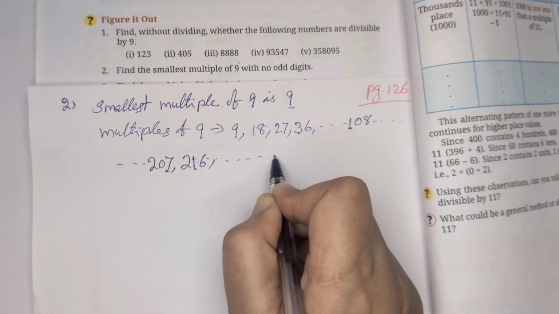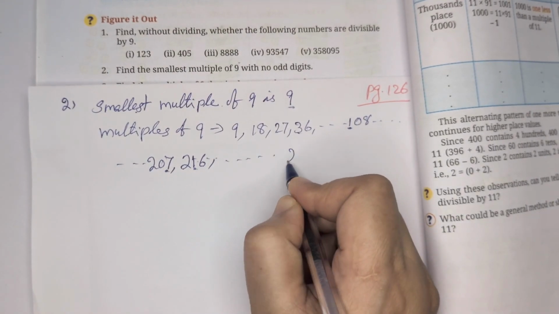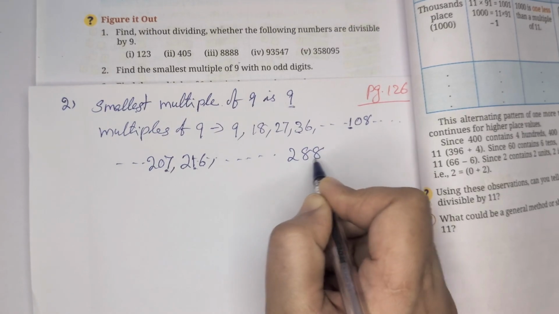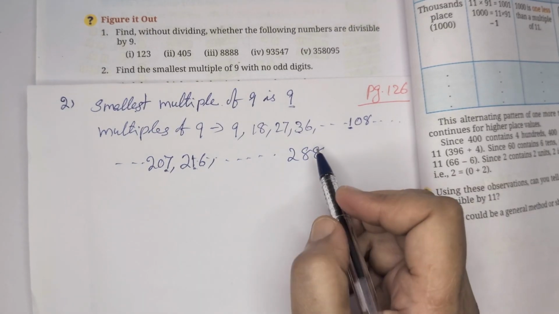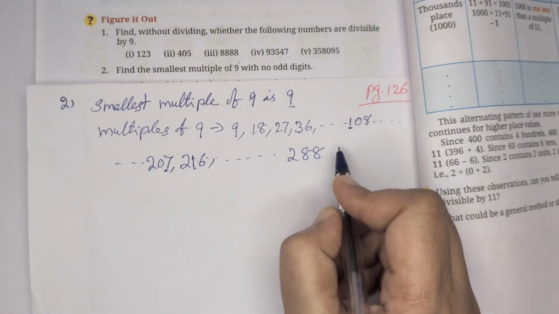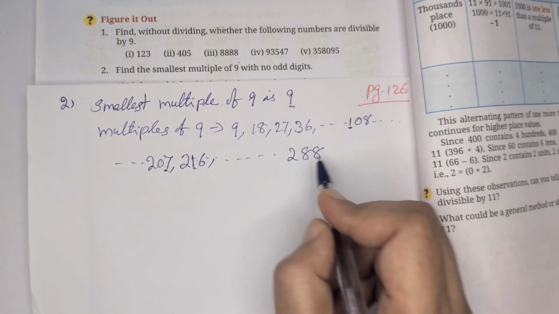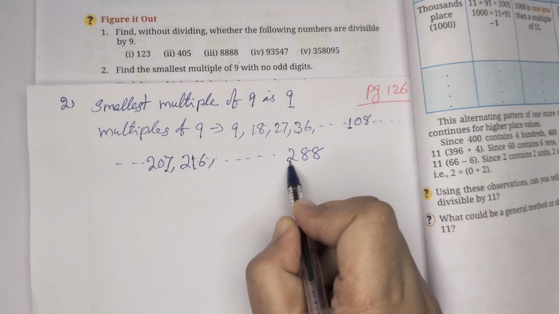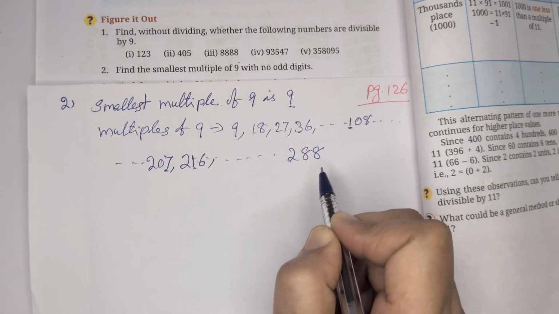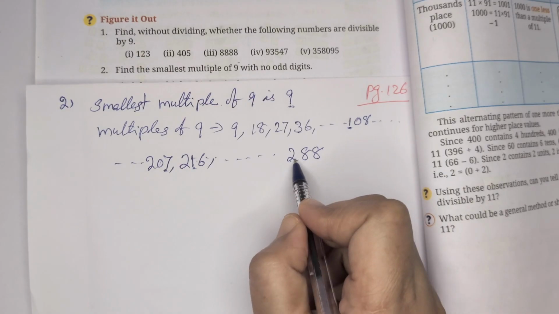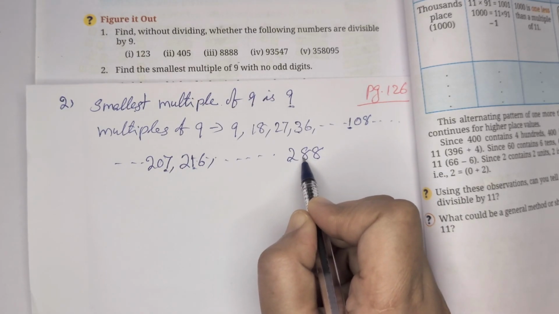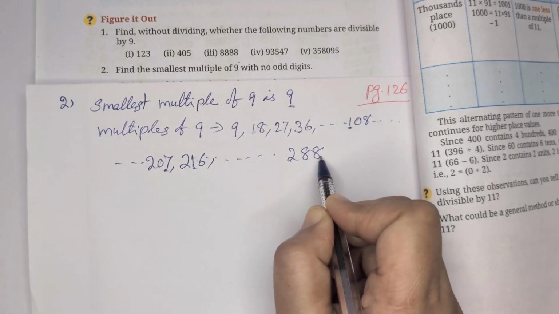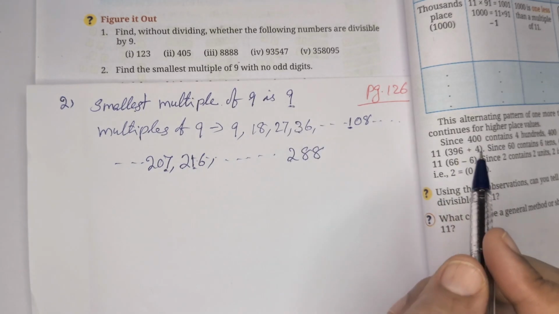If we continue in the same way, we can see 288, that is divisible by 9. At the same time, all the digits are even. So 288, all the digits are even. Then add the digits. 8 plus 2, 10, 10 plus 8, 18, which means divisible by 9.